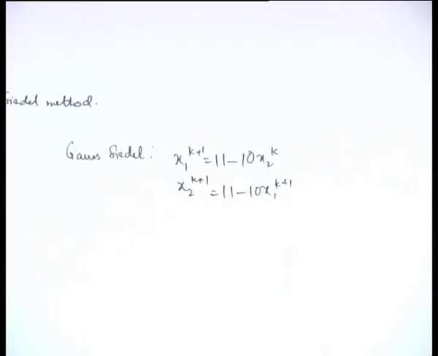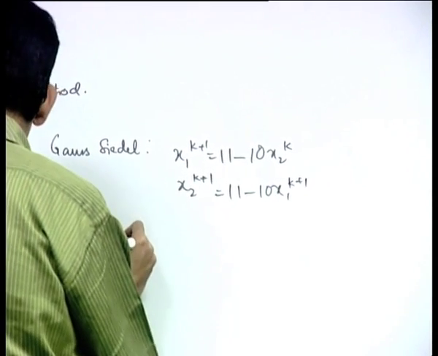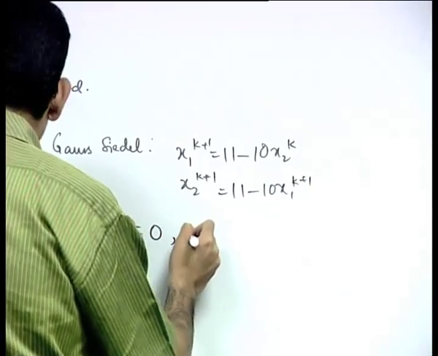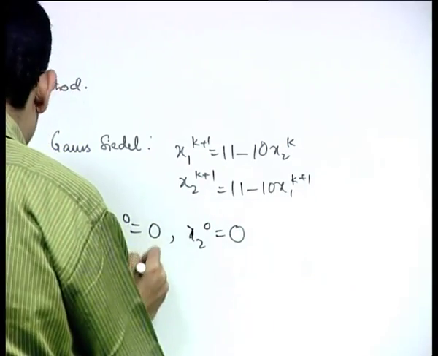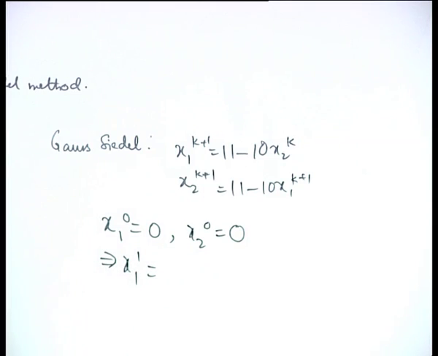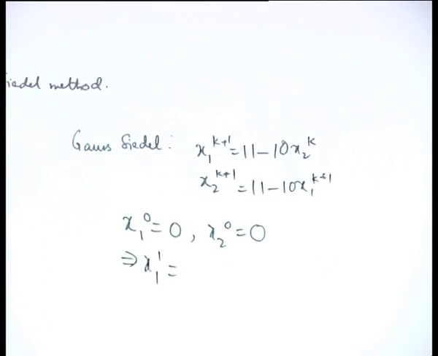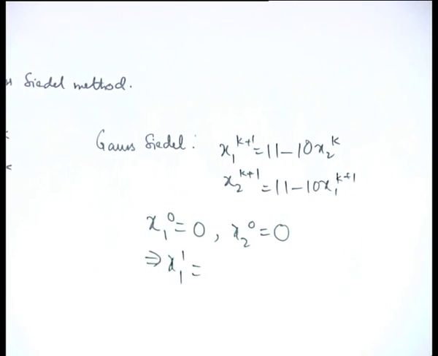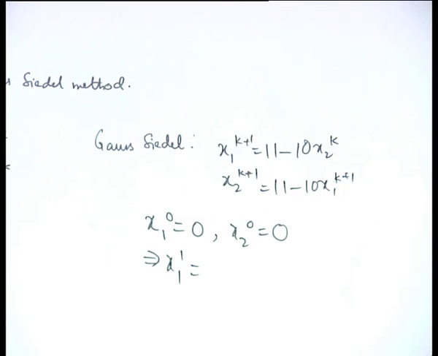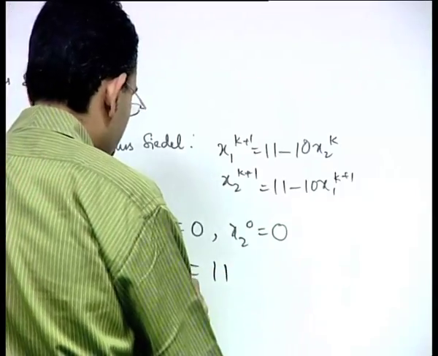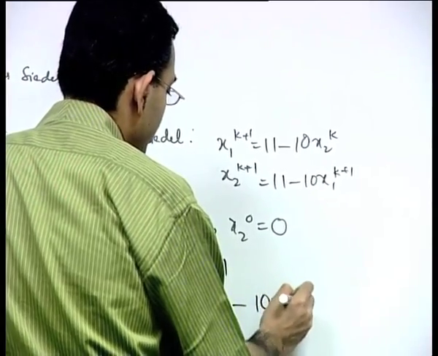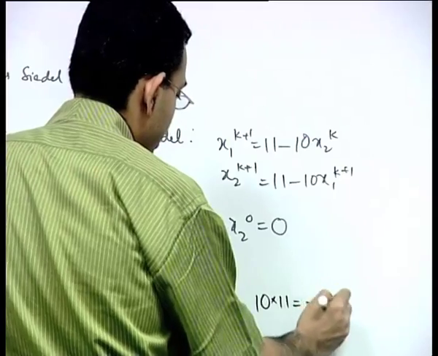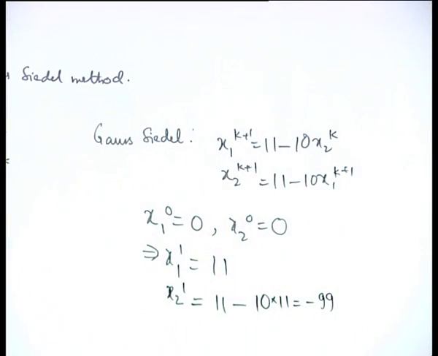So, here also if we take x1 0 equal to 0 and x2 0 equal to 0, then x1 1 is 11, x2 1 is 11 minus 10 into 11, so minus 99.